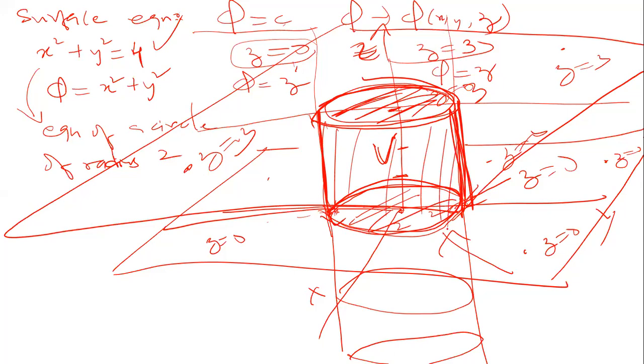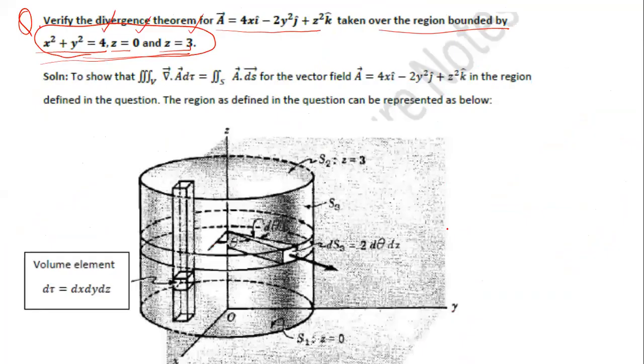I hope you can understand when we represent this using this figure. So you can see that we have to verify divergence considering the volume bounded by these three surfaces. All right, so the volume bounded by these three surfaces will be like this.